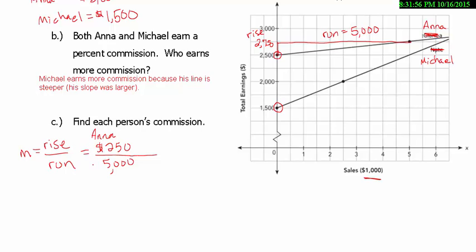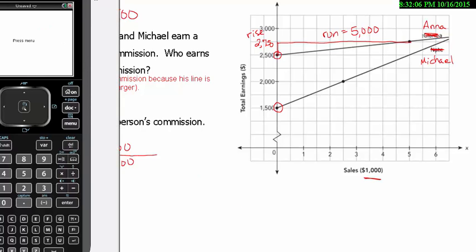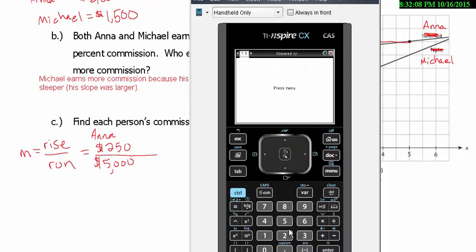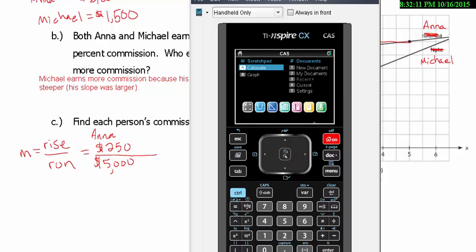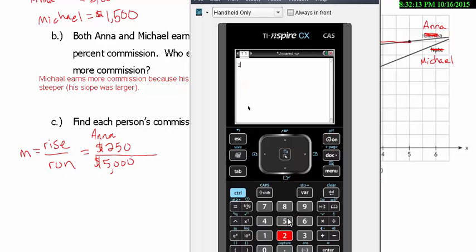With the numbers we're looking at here, it might be easy if we use a calculator to calculate these values. So 250, if we go into a calculator document, 250 divided by 5,000. If you would like to find the actual decimal equivalent, hit Control Enter, and that should come up with 0.05.